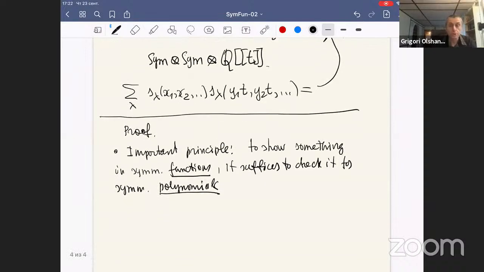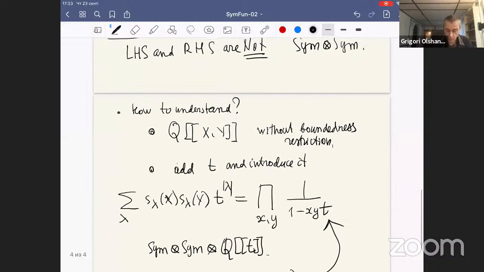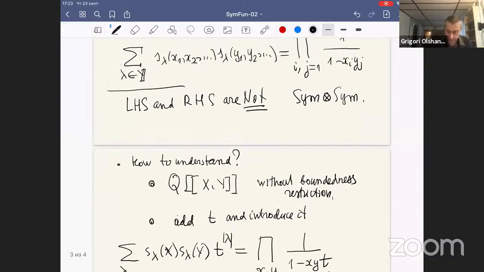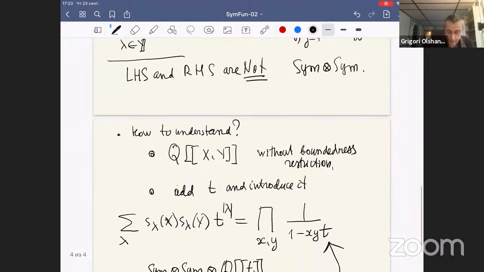By the very definition of the algebra of symmetric functions as a projective limit, it follows that we can use this principle. So let's follow it. What do we obtain?